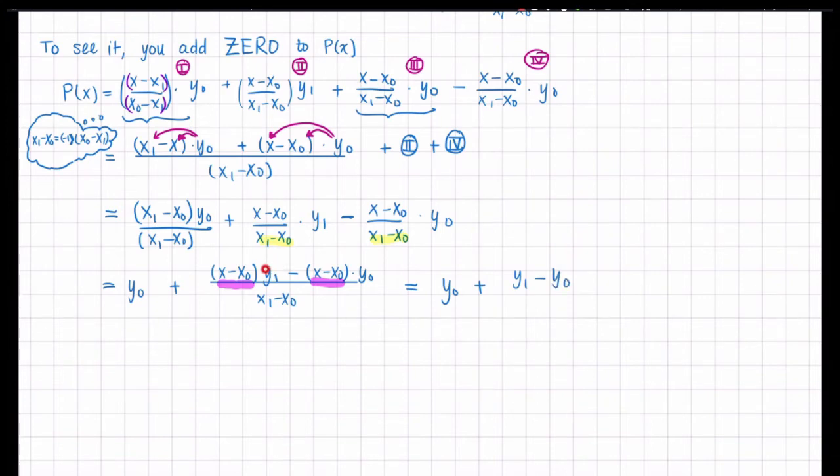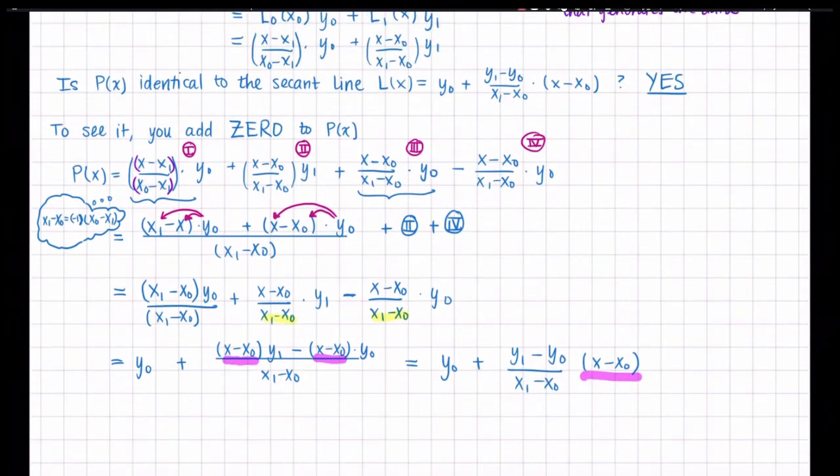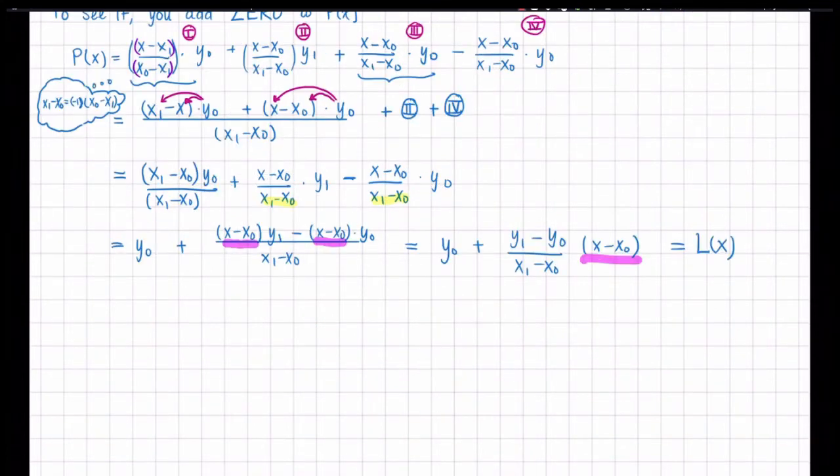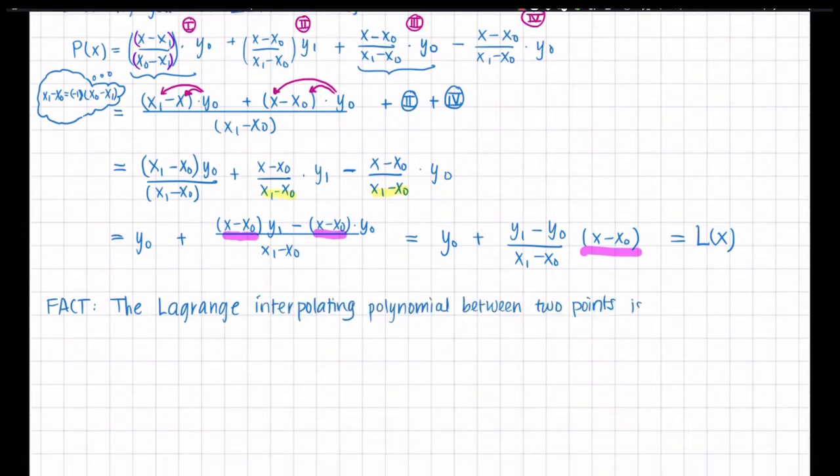That's this minus that, divided by x1 minus x naught, because I'm factoring out the common term x minus x naught, and there you have it. If you compare L of x with P of x, they're identical. Now, a quick fact. This is going to be true no matter the size of your data set. The Lagrange interpolating polynomial between 2 points is unique.